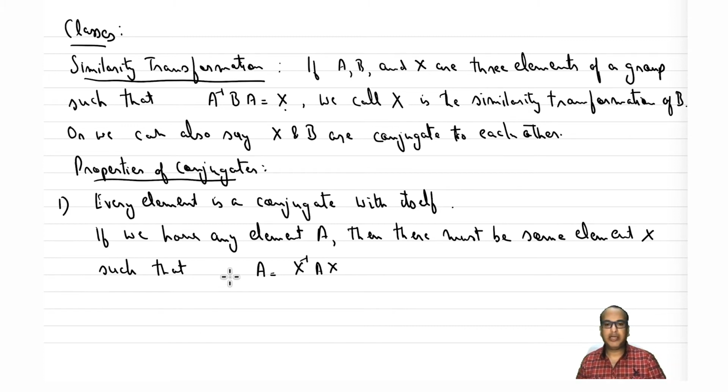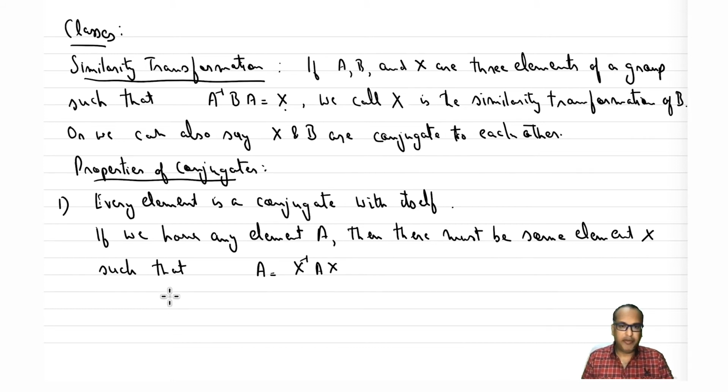Now we are saying that if we have an element A, there must also be an element X in the group such that this relation holds, so that A is self conjugate.